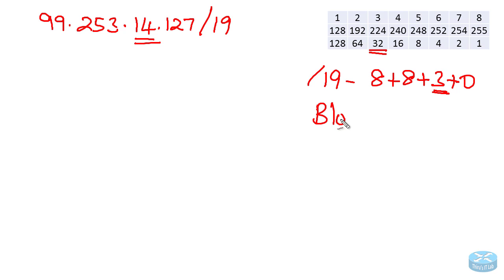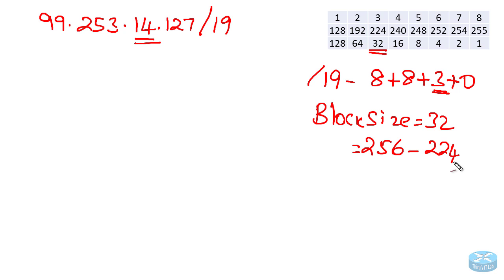We can find it by looking at this, or by 256 minus 224, which is also 32. We can check both, and for double checking this is the easy way, so you don't make any mistake. So this 14 falls between 0 and 32, as you can see.